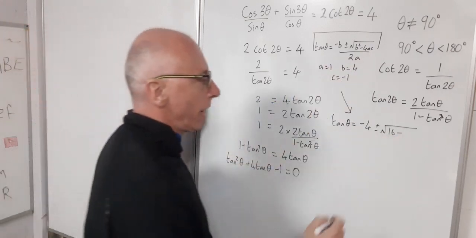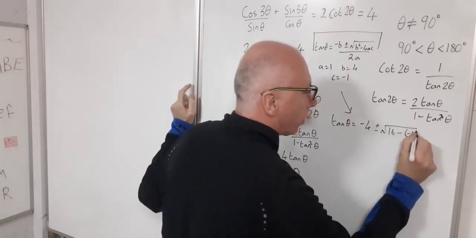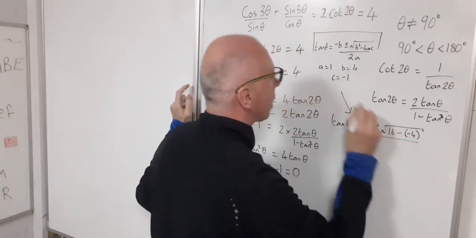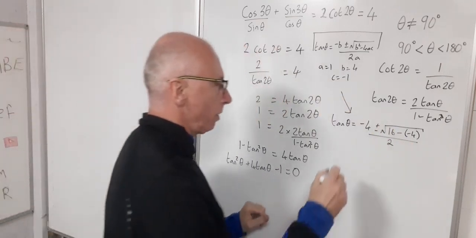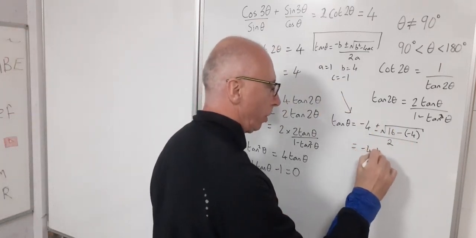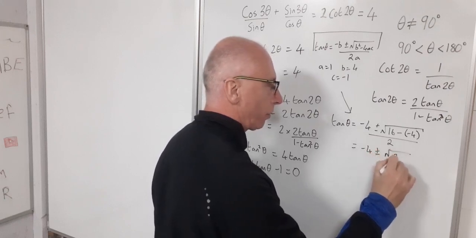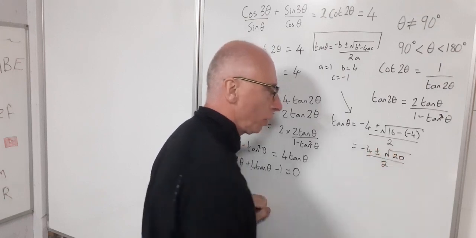So put minus 4 in there. So minus minus 4. And that's all over 2 times a, which is 2. Okay, right. So now we've got minus 4 plus or minus the square root of 20 over 2.